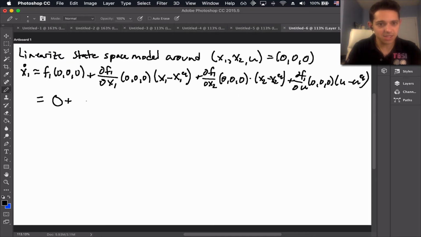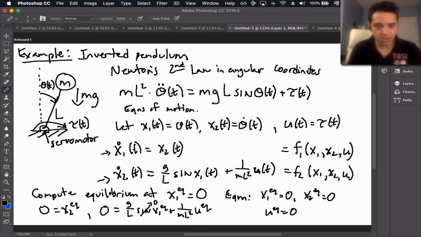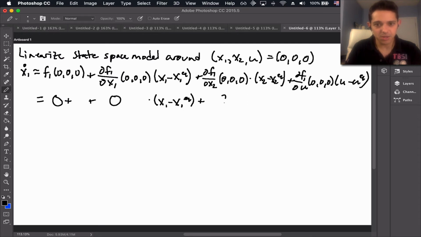So when we take this derivative, it is just going to be 0, even before we evaluate it. f1, its derivative with respect to x2, well, we have x2 that shows up here in a linear way, so the derivative is quite simply 1.